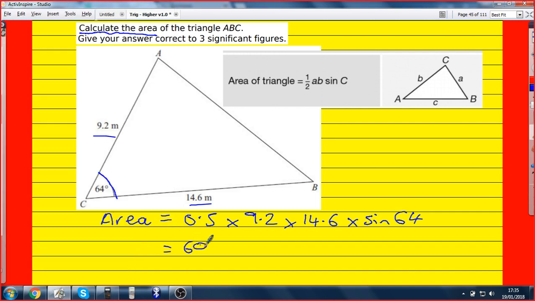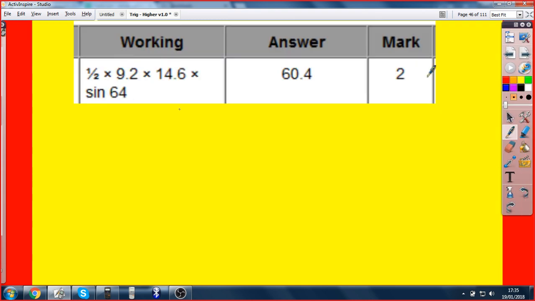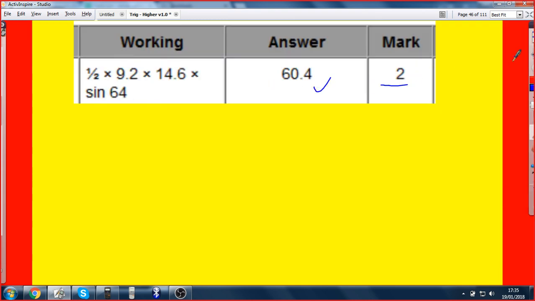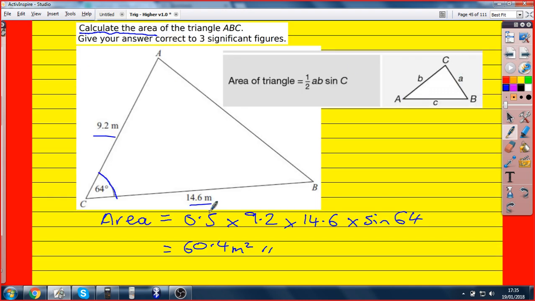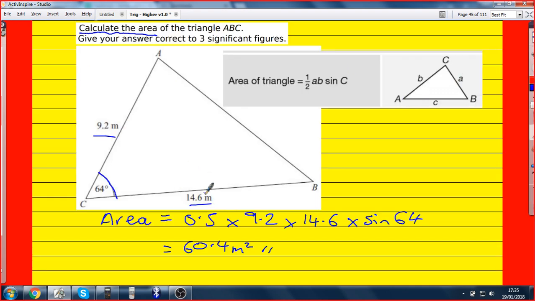Yeah. 60.4, and this time it's meters squared. So 60.4, that's 2 marks. So it's always 0.5 times one side times any other side times sine of the angle between those two sides that you used. Any questions there? No. Okay.